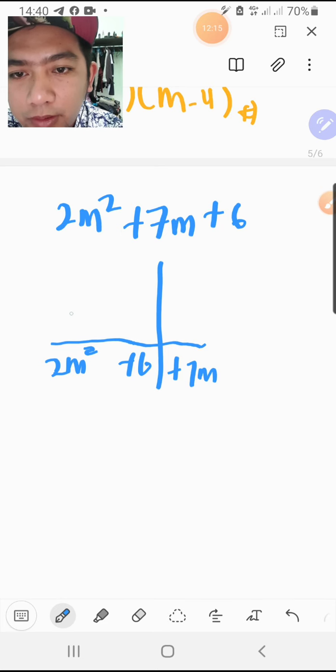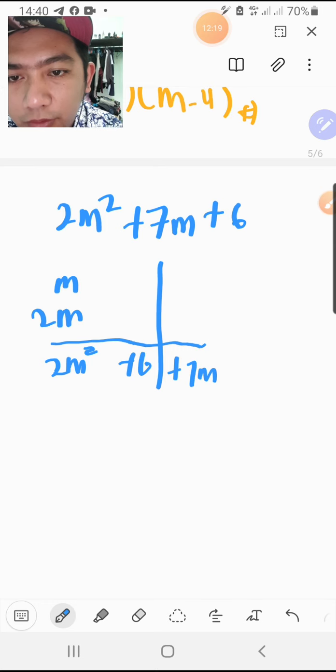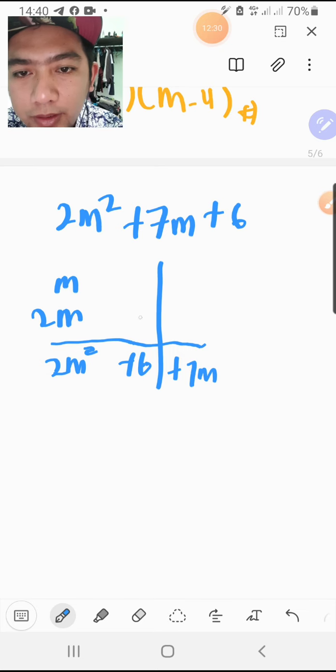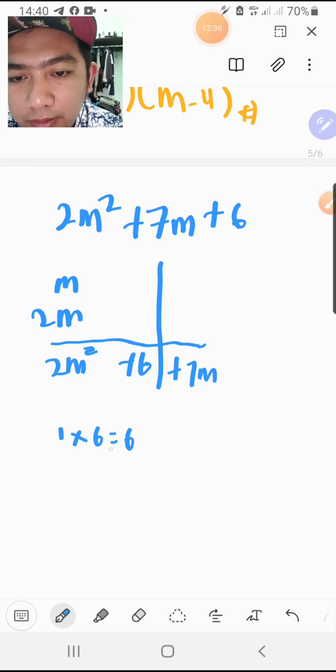So here you can do m times 2m or 2m times m, either one. So m times 2m is 2m squared. So here how to get 6? So try and error. 1 times 6, or negative 1 times negative 6 is also 6.